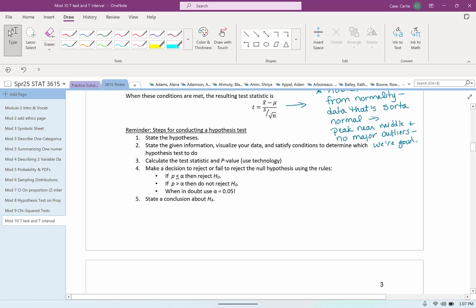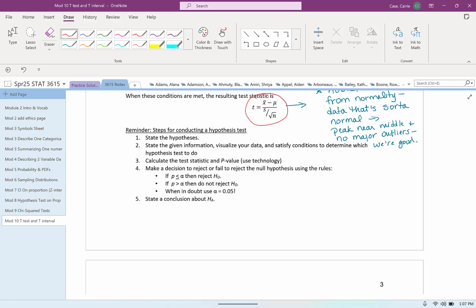All right, so we're still going to be doing the same 5 steps of a hypothesis test we've done in the previous hypothesis tests. We're going to state our hypotheses. We're going to pull out all the given information needed to calculate our test statistic t. We're going to visualize our data with a graph, and we're going to satisfy the appropriate conditions so that we know what hypothesis test to do. We're going to calculate our test statistic and our p-value using technology only.